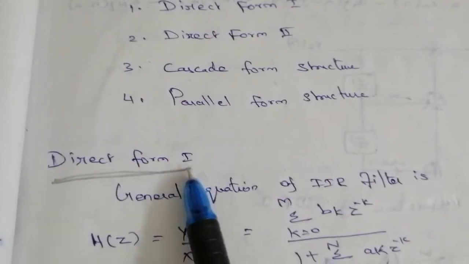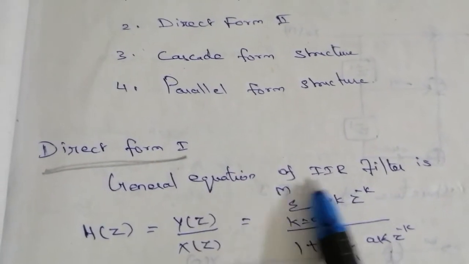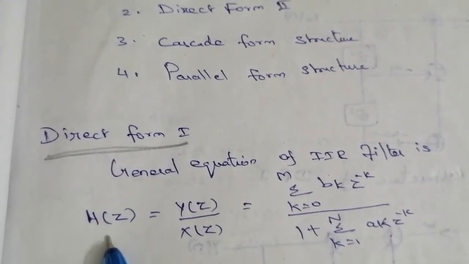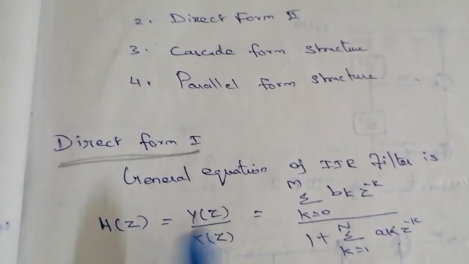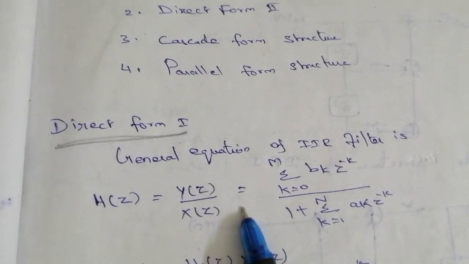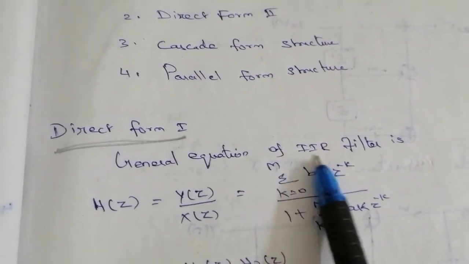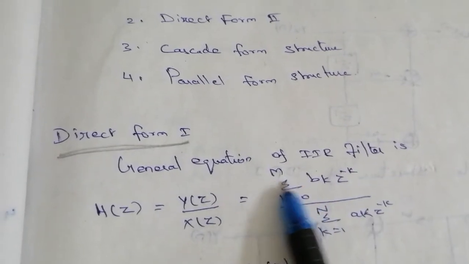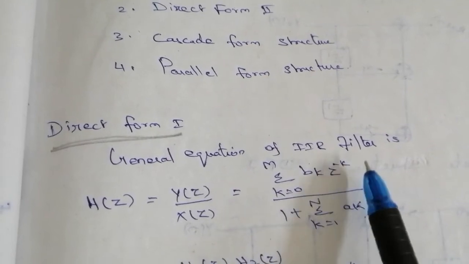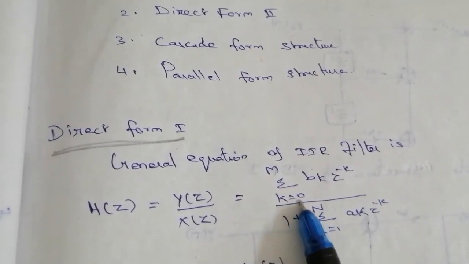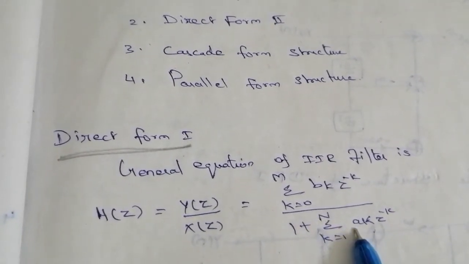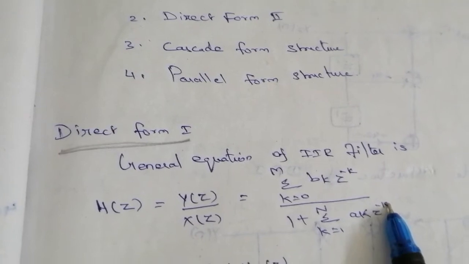In the direct form 1 structure, the general equation of the IIR filter is nothing but the transfer function. H of z, the transfer function, is defined as the ratio of output to input, y of z divided by x of z, equal to summation k equal to 0 to M pk into z power minus k divided by 1 plus summation k equal to 1 to capital N ak into z power minus k.